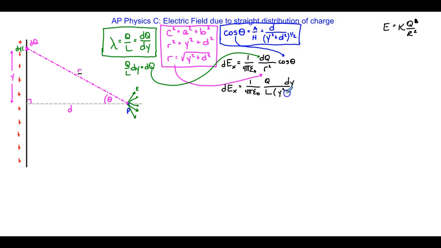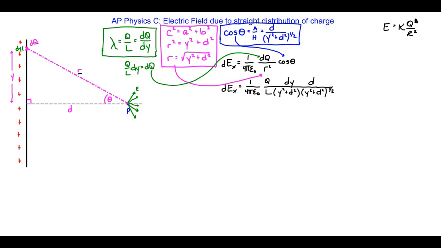So that is here, y squared plus d squared. And then finally, the cosine of the angle theta is equal to d over y squared plus d squared to the 1/2. So I've gone ahead and made all of those substitutions. I can combine some terms here, but I'll do that in the next step.